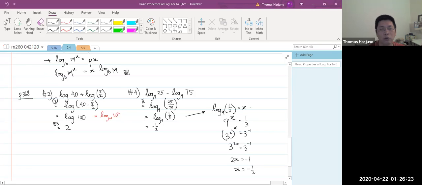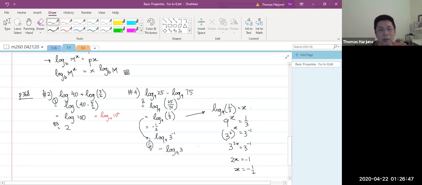Now another way to see that: notice that 1/3 can be written as 3 to the negative 1, right? So using property number 3, that equals negative log base 9 of 3.